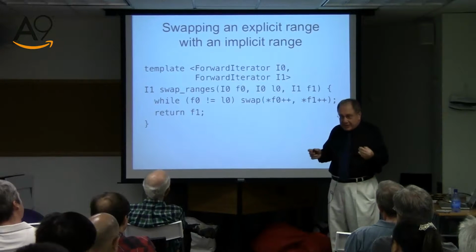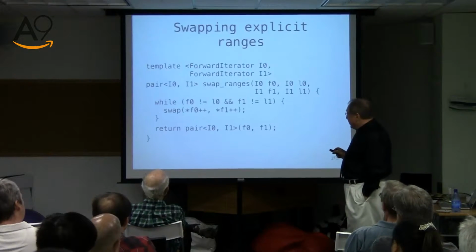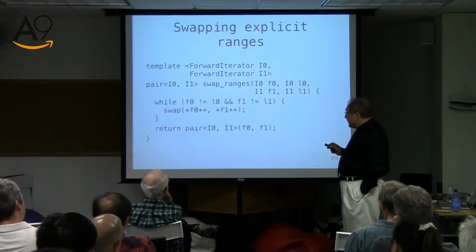Because the guy who called us knows what F0 is going to be. It is going to be equal to L0, which he knows since he gave it to us. That is, do not tell me what I already know. Think about not overwhelming people with useless information.